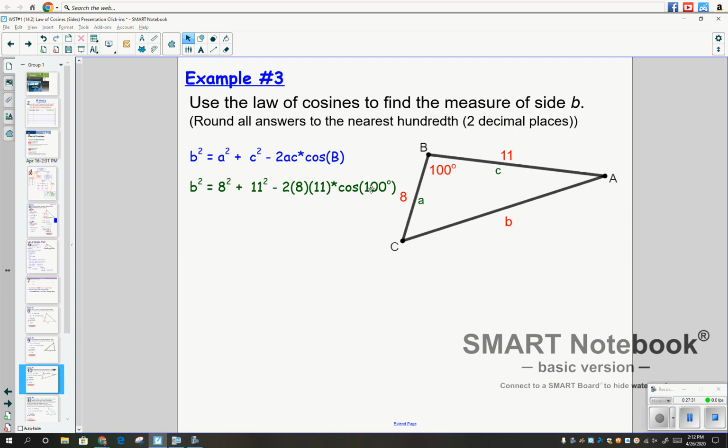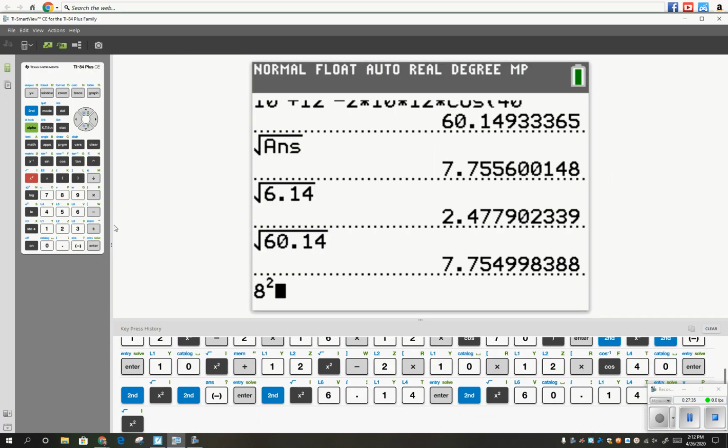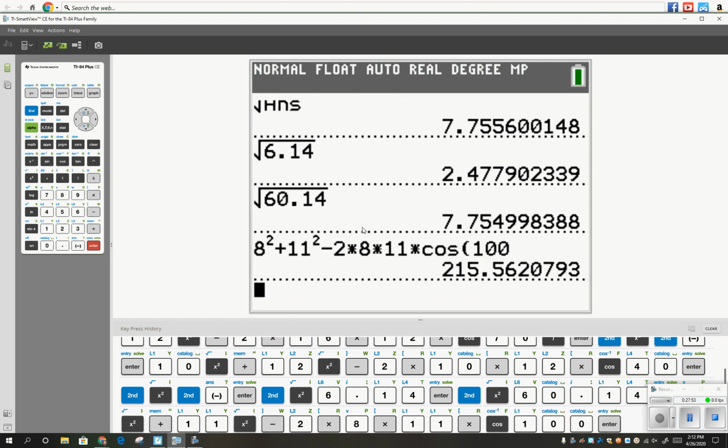Type that into our calculator. 8 squared plus 11 squared minus 2 times 8 times 11 times cosine 100 equals 215.5620.